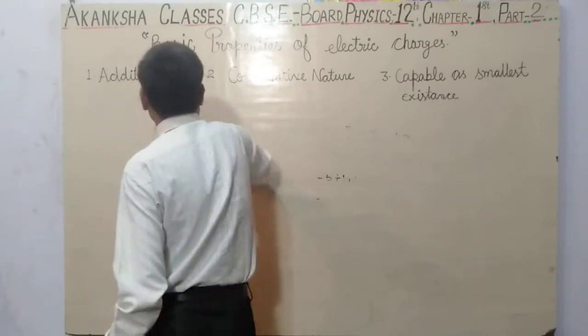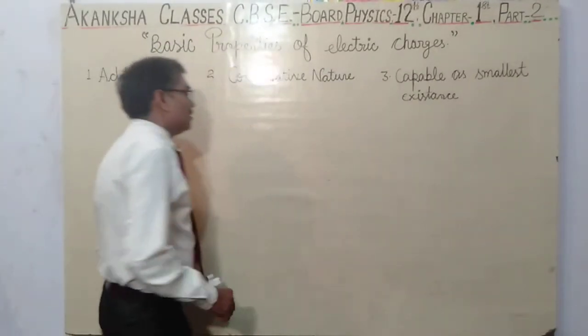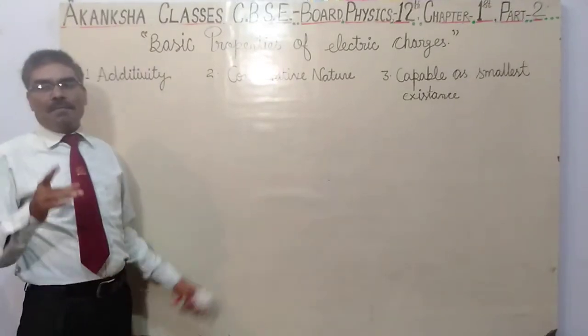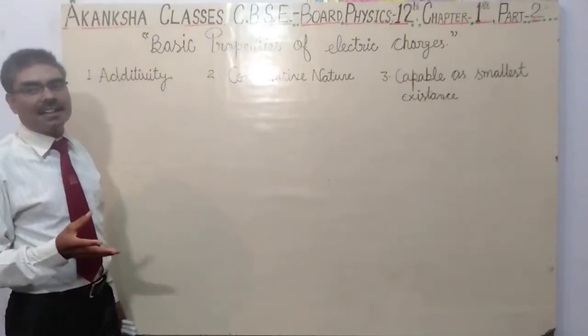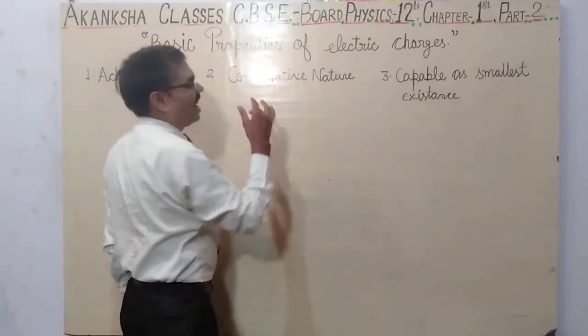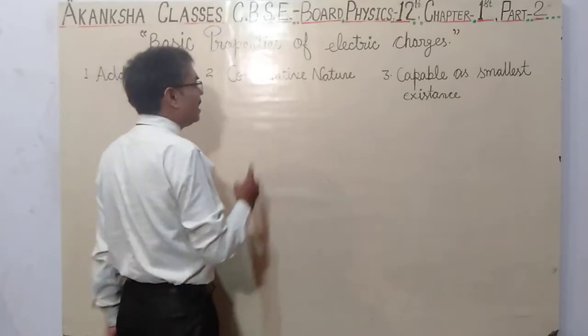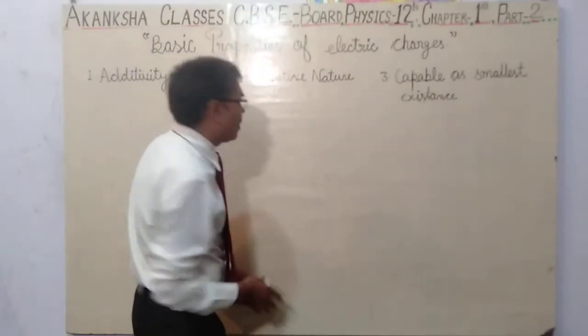Next, conservative nature. Students, same as mass, charge can neither be created nor destroyed. On the same basis, charge is a fundamental property that can neither be created nor destroyed.